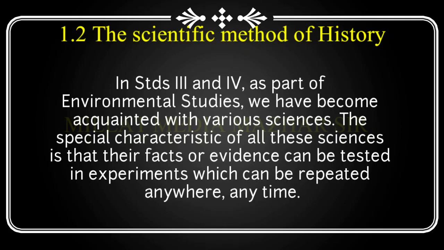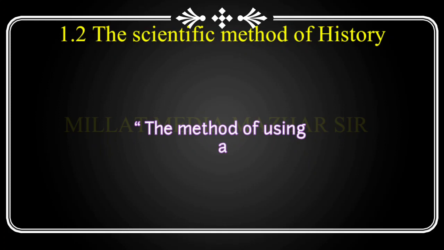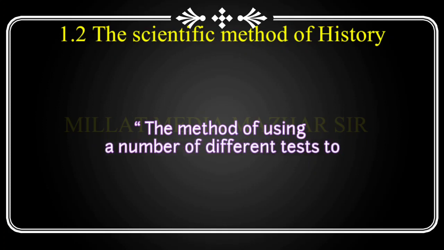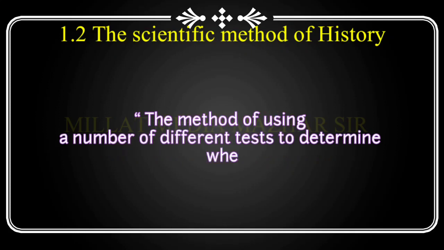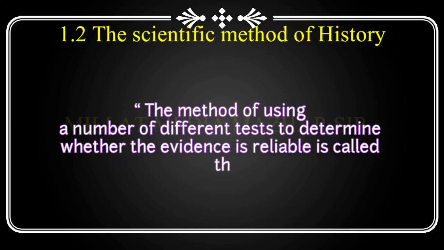So, the definition and main point is the scientific method. What is scientific method? The method of using a number of different tests to determine whether the evidence is reliable is called the scientific method.